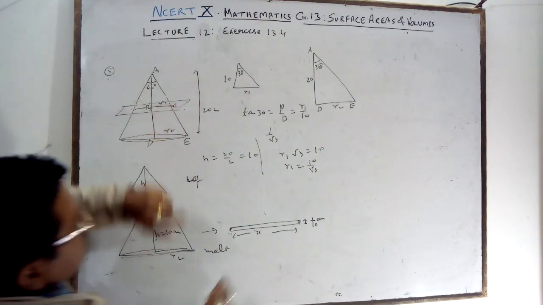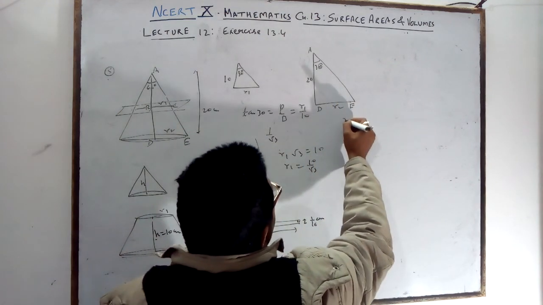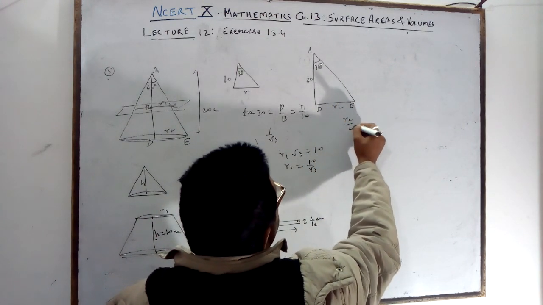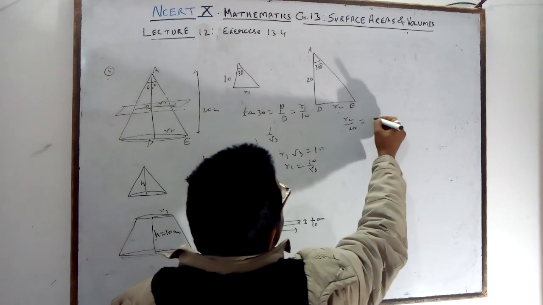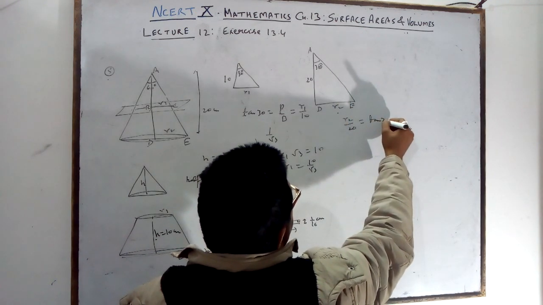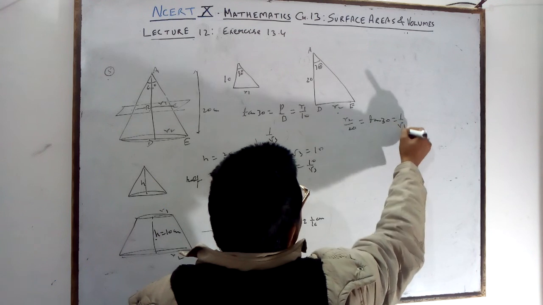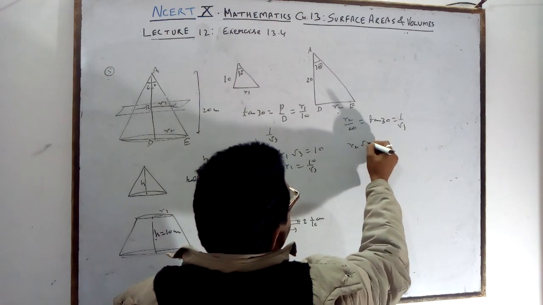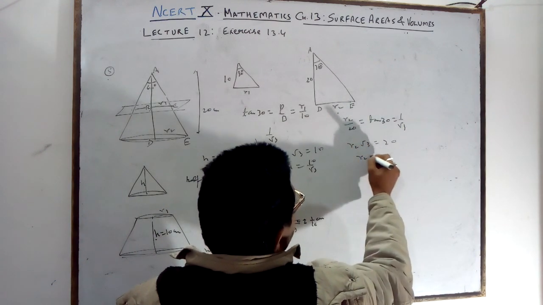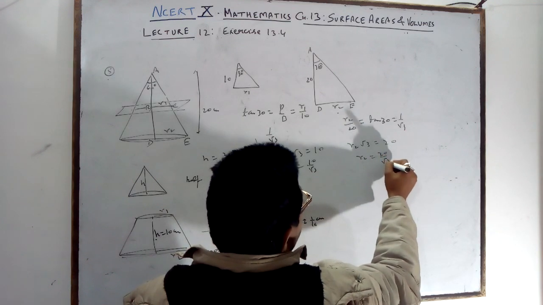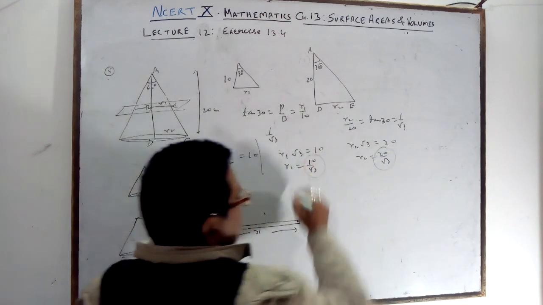So R2 upon 20 is equal to P upon B, tan 30. Tan 30 is 1 by root 3. So R2 root 3 is equal to 20, then R2 is equal to 20 by root 3. You are getting both the radii.